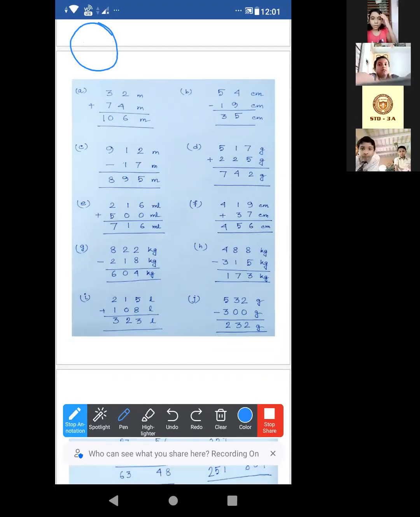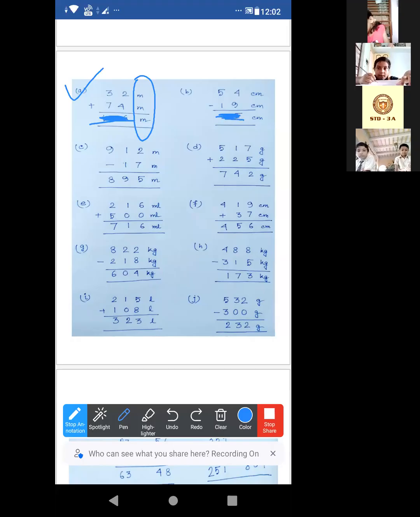Now just look at this number A. This one is clear to all of you. Just write, and put the unit also. Okay, you have to put the unit. I am just covering the answers. Do it fast. Write it in your copy.